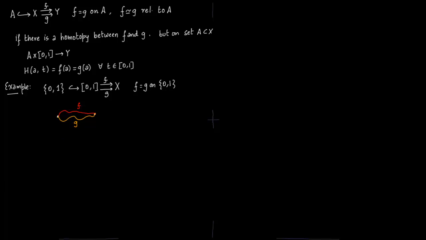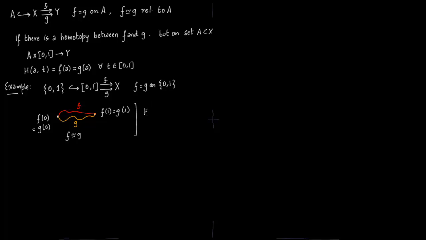So we say path F and G are homotopic to each other, and at their boundary F of 0 is equal to G of 0. So they agree on the set A. The set A here is the boundary of the unit interval, and F of 1 is equal to G of 1. So you write this as F is homotopic to G relative to 0, 1.